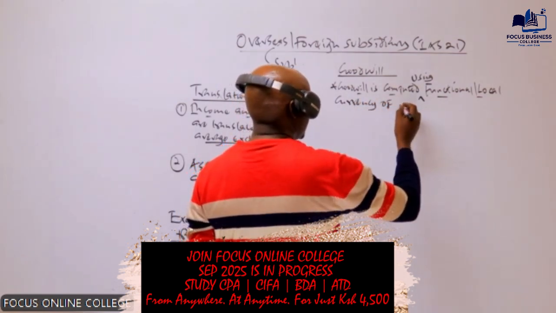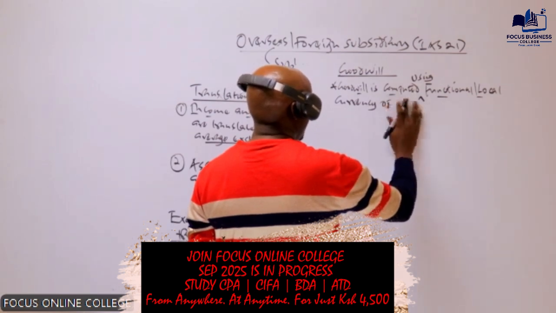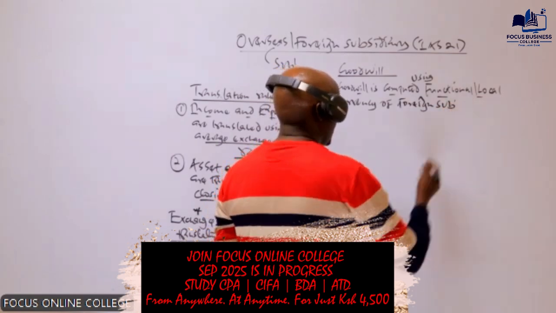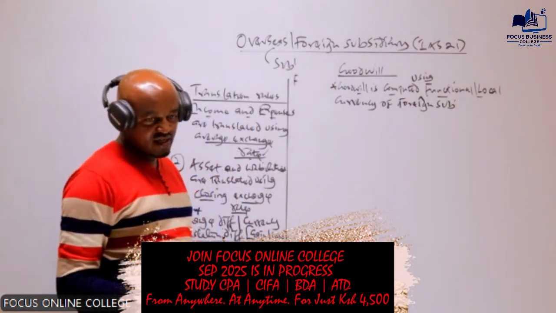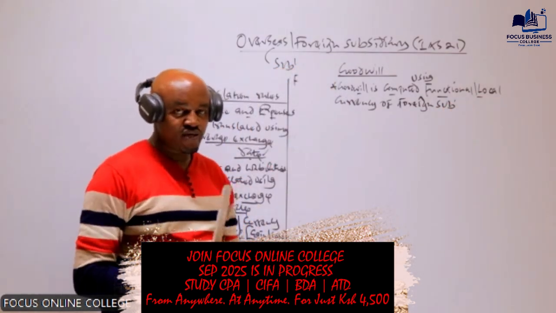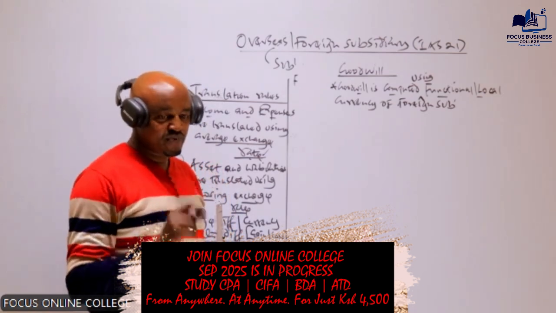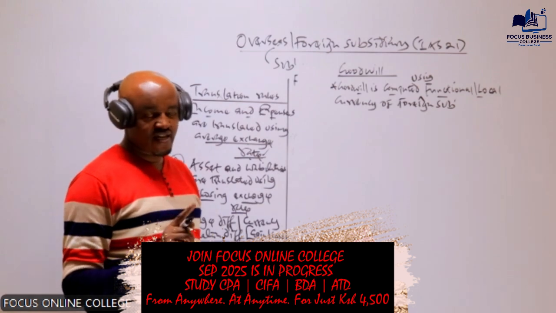of the foreign subsidiary. So if the foreign subsidiary is operating in Rwanda, when computing the goodwill, first compute it in Rwandan franc, not in Kenyan shillings.